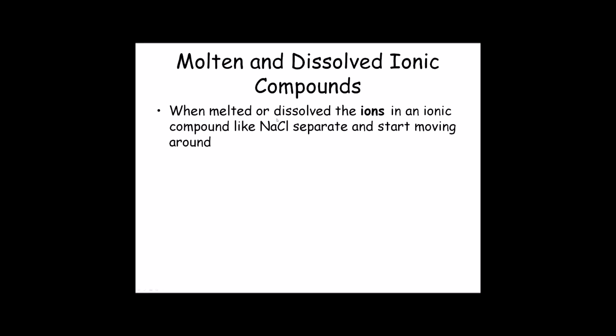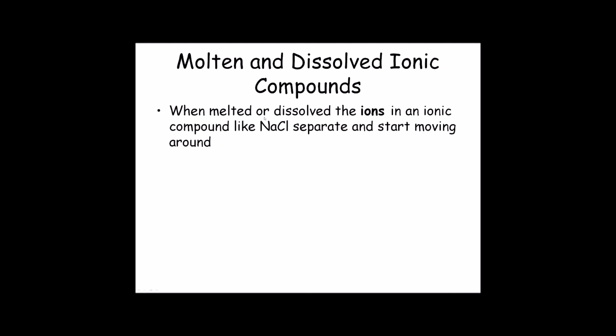When we dissolve it or melt it, these break apart. You can imagine they crack apart, or they get pulled apart, and we get two ions. So you should know group 1, this is a bit of revision from topic 2. Sodium is a group 1 metal, so it's going to have a +1 charge, and chlorine is a group 7 non-metal, so it's going to get a -1 charge.